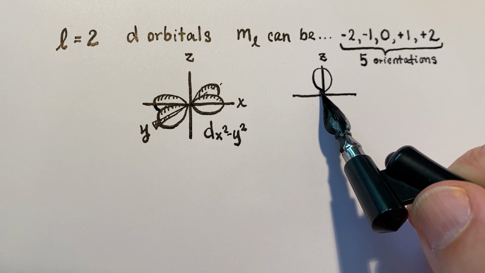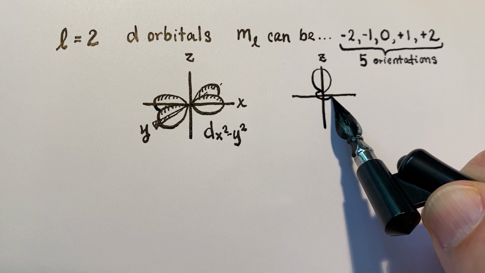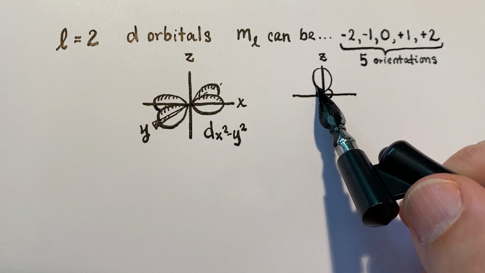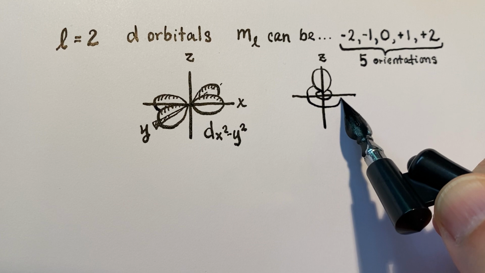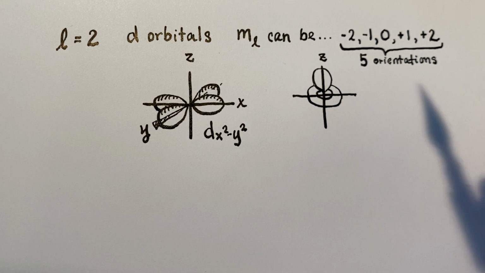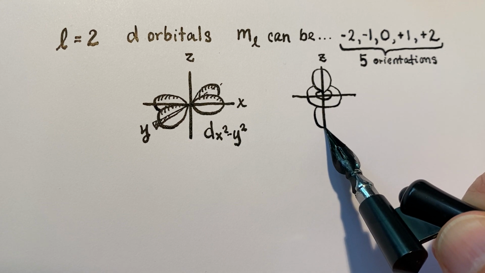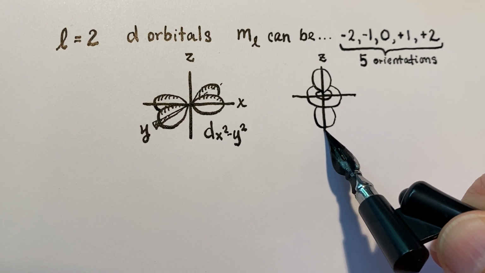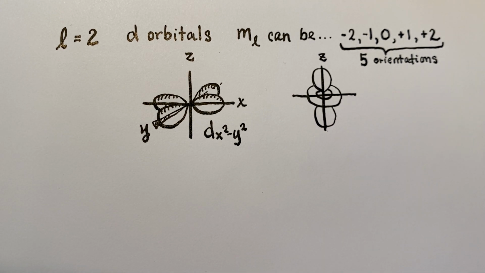But then we do have some electron density around in the x and the y plane. This ends up looking like a donut. I call this the dumbbell donut shape. I didn't make that up, but that's the common terminology that inorganic chemists use for this.